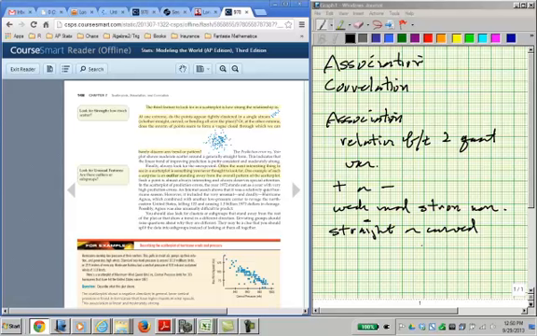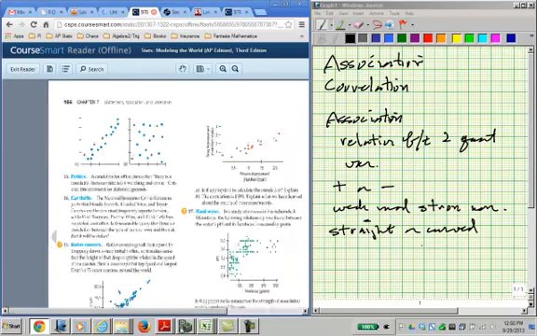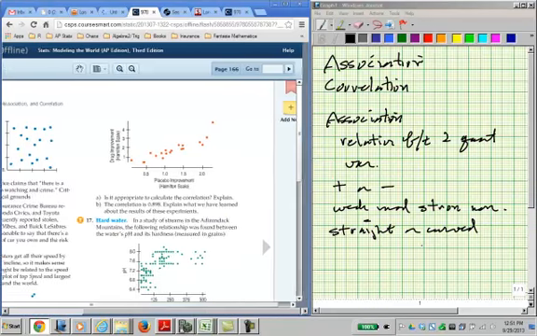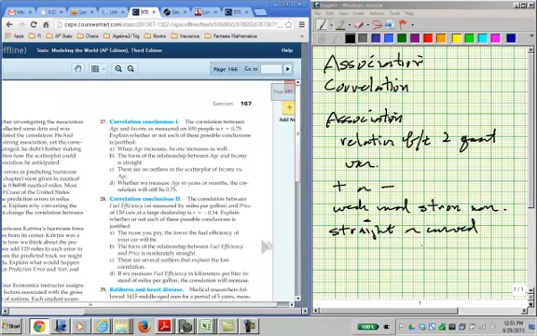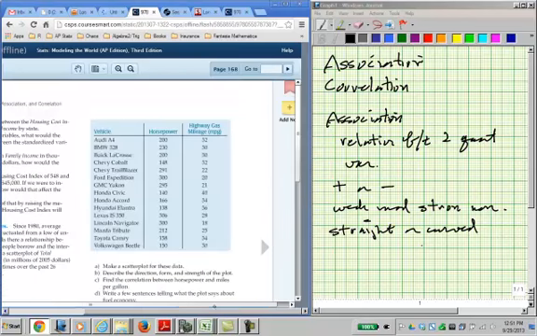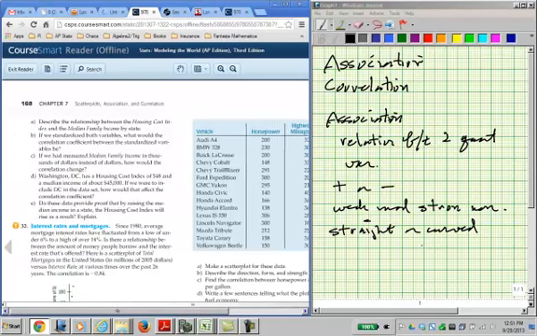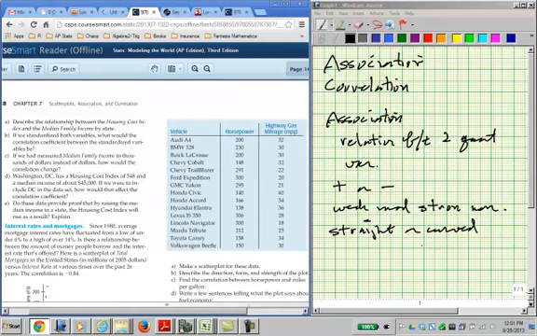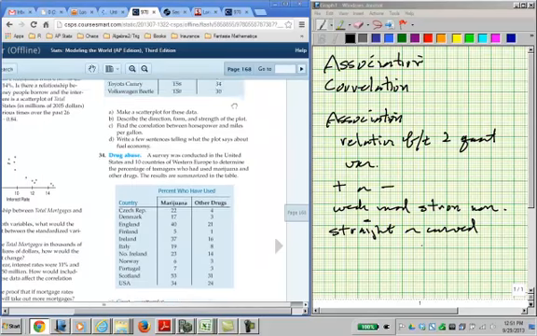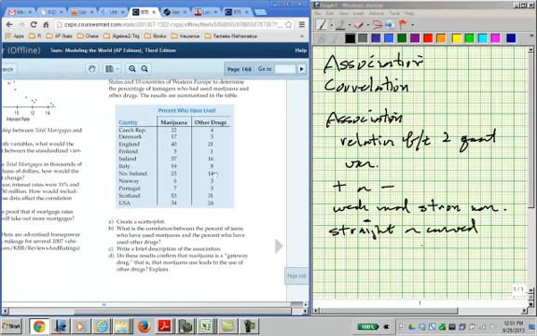So let's go to problem 34, and let's go to the book and find 34. You can just do this in your notes, but we will do it together. So here's 34.